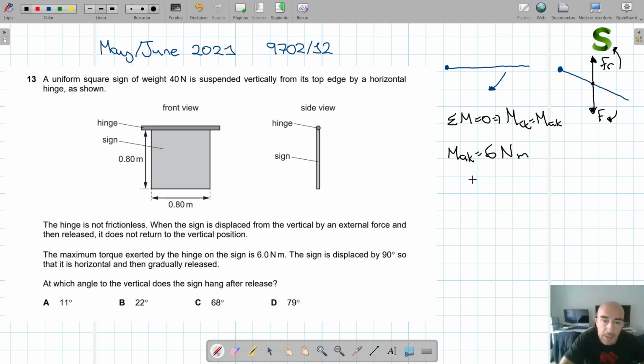Okay, and what is the moment clockwise? Well, the moment clockwise is the force times the distance. But remember that in the formula, moment equals force times distance, both of these have to be perpendicular.